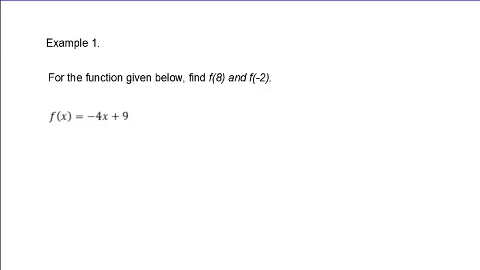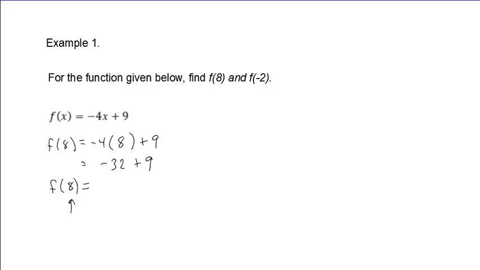Find those function values for me, please. All right, I hope you paused the video and found these function values. The first one is the value at 8. So I'm going to have negative 4 times my x plus 9. In this case, the x is 8. So negative 4 times 8 is negative 32, plus 9. And negative 32 plus 9 gives me my function value.